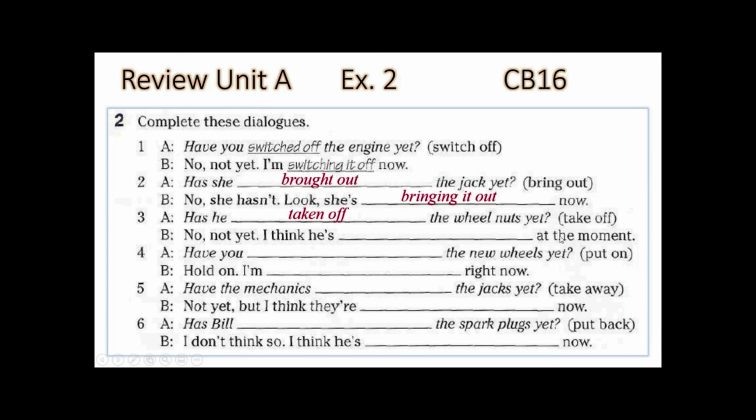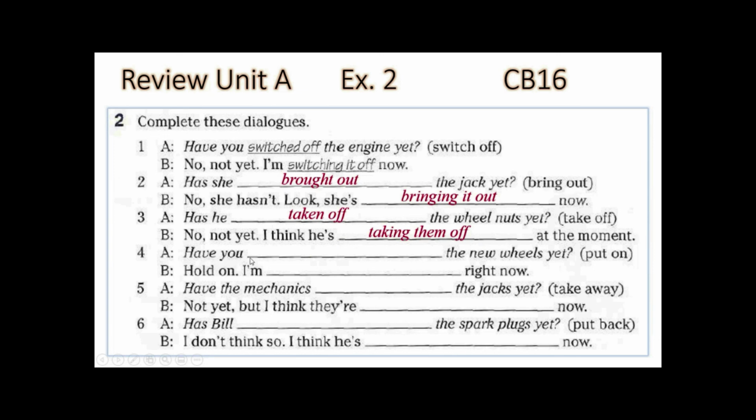So this is the present continuous. So we need to add ing to the main verb. But I want you to notice that the noun here is plural. So instead of using it to replace it, we have to use them. Very good. So we have: I think he is taking them off at the moment.